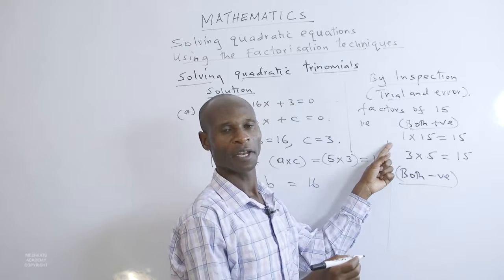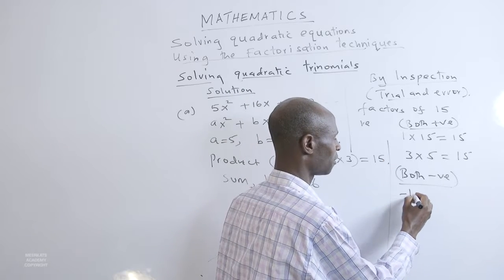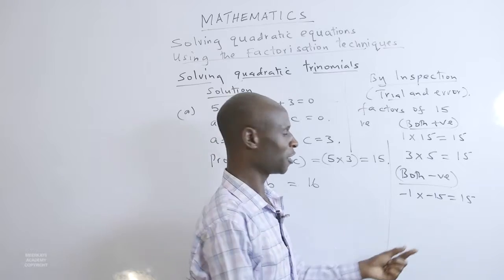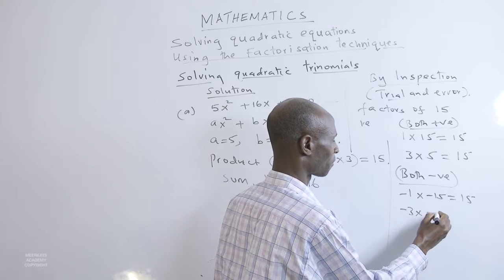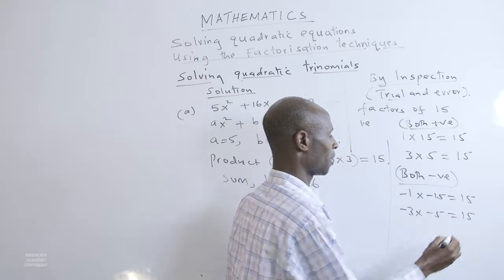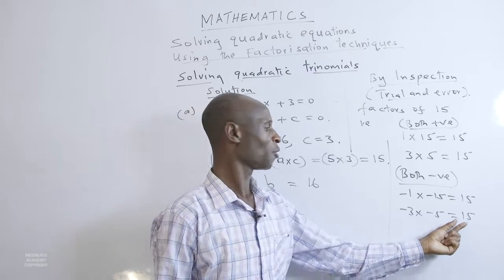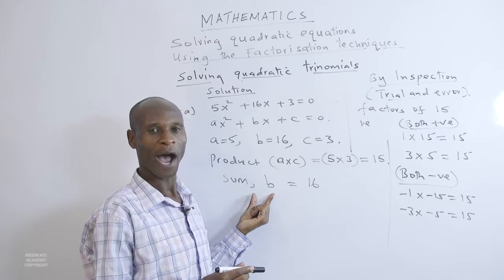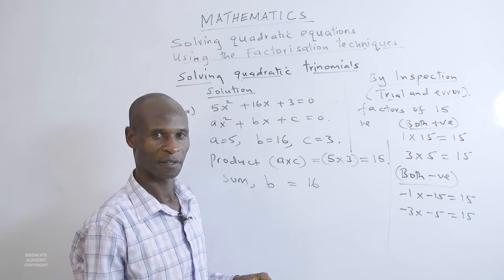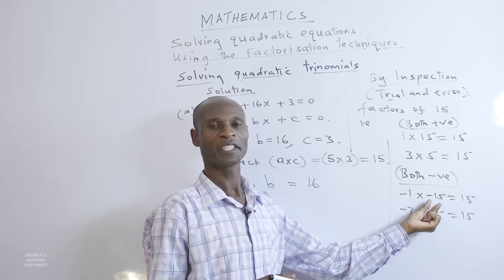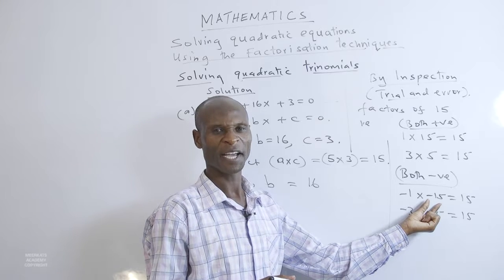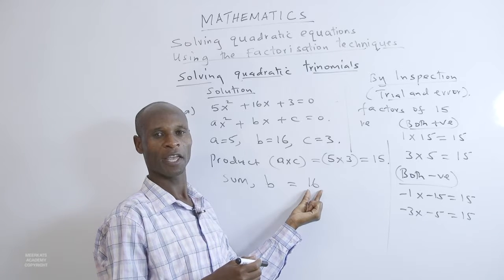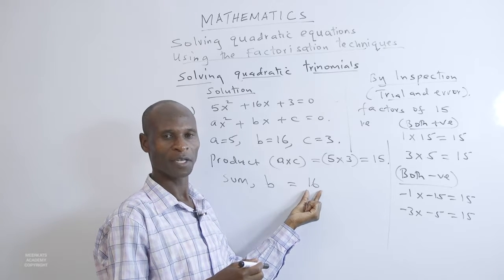If we consider -1 and -15, we get +15. Negative 3 and negative 5, we get positive 15. But what happens when you add the two factors? When you add negative 1 and negative 15, the result is negative 16. And therefore, it will not satisfy the condition of summation to be 16.